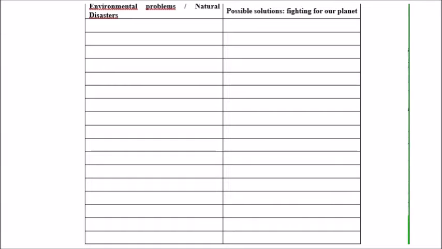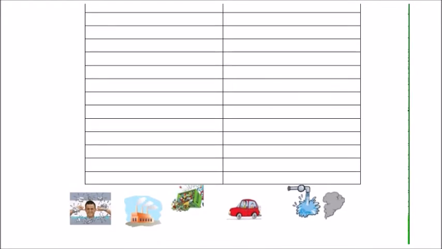Una que es environmental problems, problemas del ambiente, o natural disasters, o desastres naturales. Y la otra categoría es possible solutions, posibles soluciones, fighting for our planet, luchando por nuestro planeta. So we're going to classify those words and write them in the correct column.